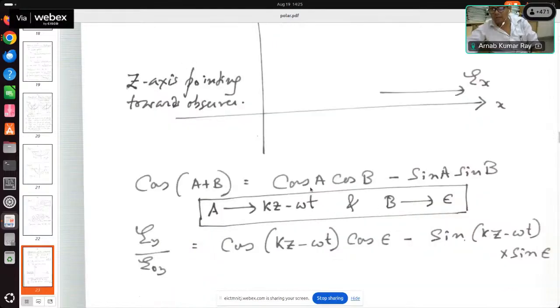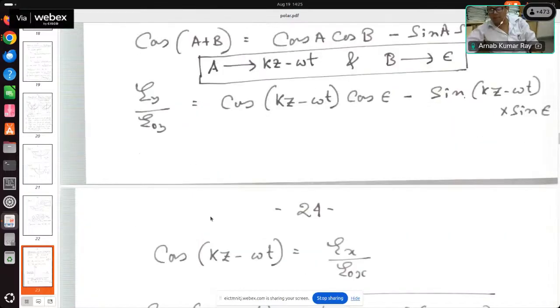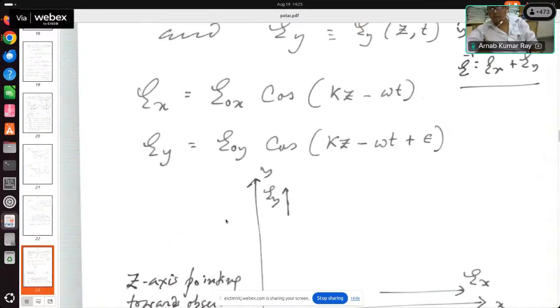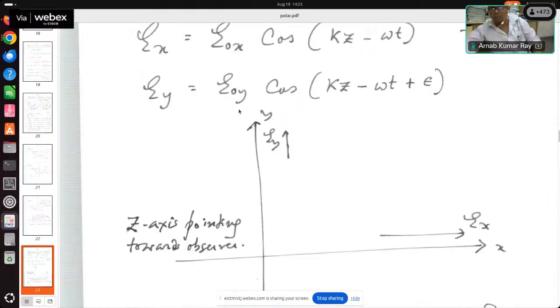So we write cosine of kz minus omega t plus epsilon as cos of kz minus omega t cos epsilon minus sine of kz minus omega t sine epsilon, equal to Ey by E naught y. And then let us look at the other field vector, cosine kz minus omega t, which is Ex by E naught x.